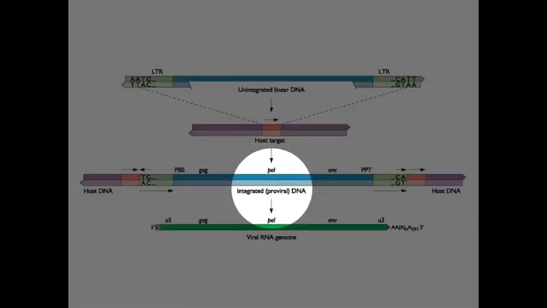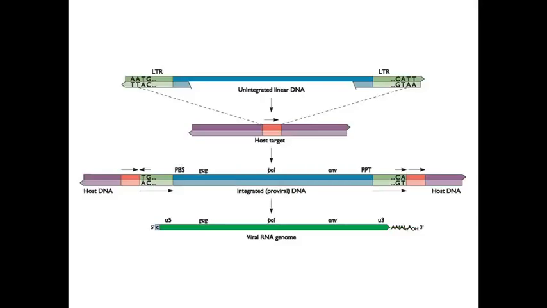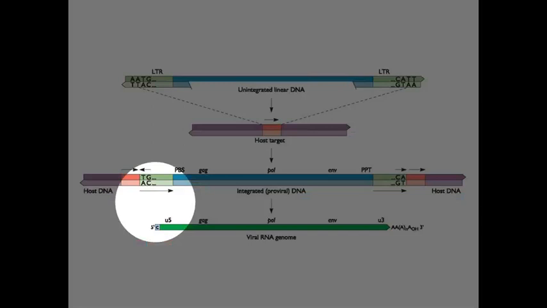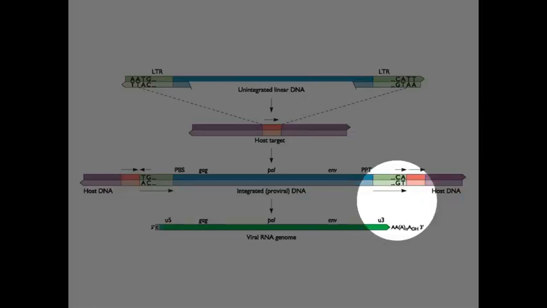Now the LTRs are important because in building them into the DNA, what we have done is to build a promoter at the 5' end for RNA polymerase II and a termination and polyadenylation sequence at the 3' end.